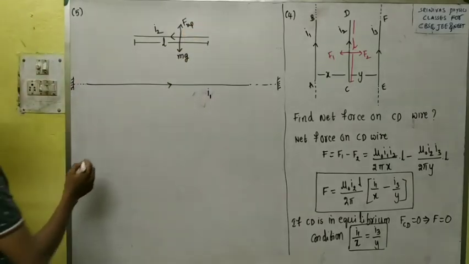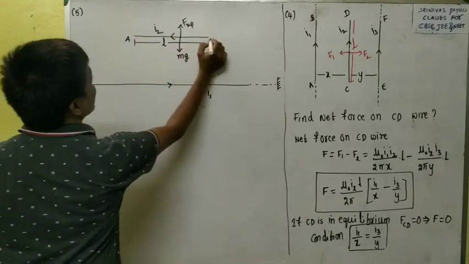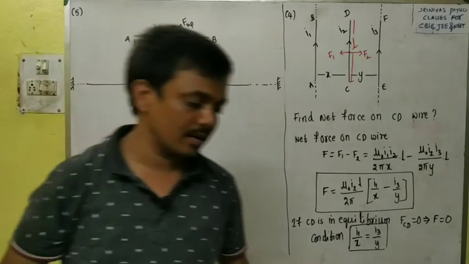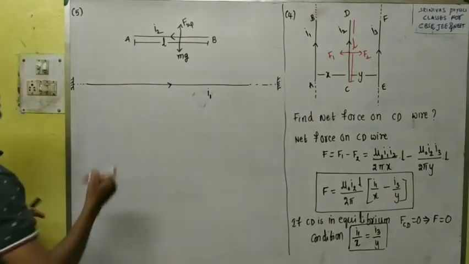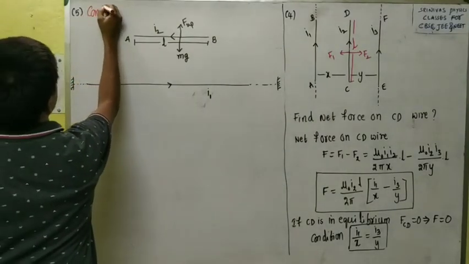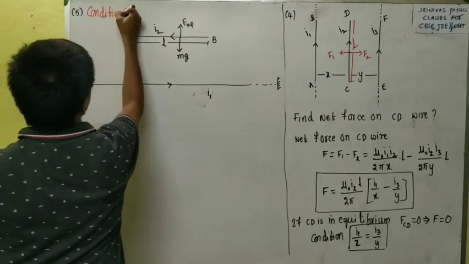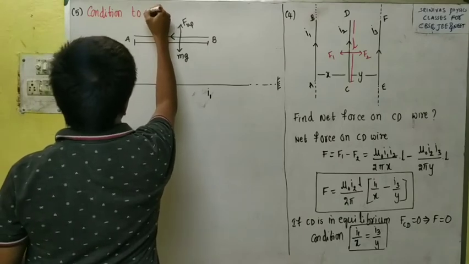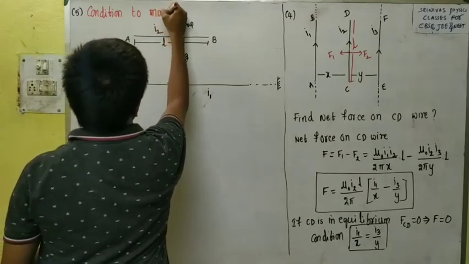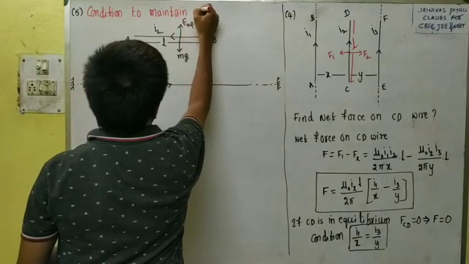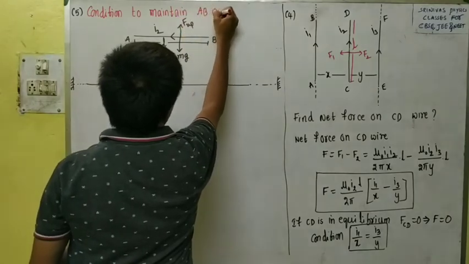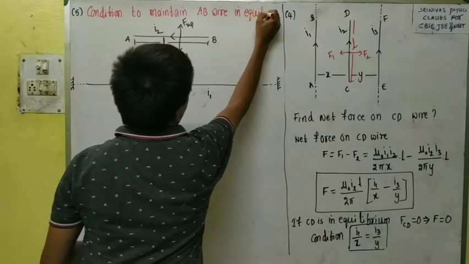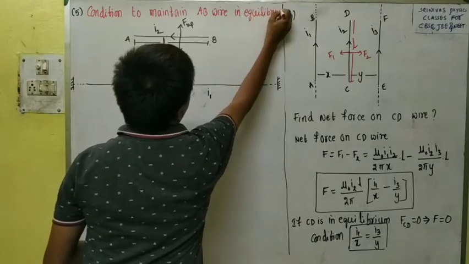Now our question: this is AB wire, and what is the condition to maintain the AB wire in equilibrium, at rest in air?